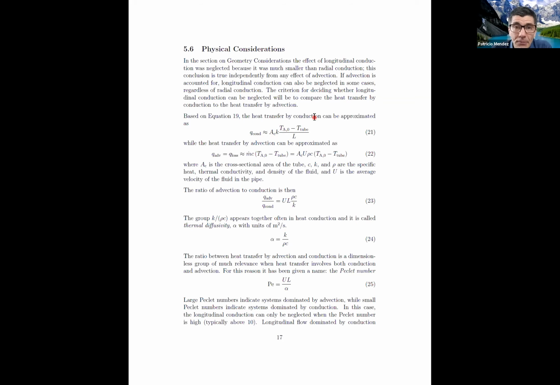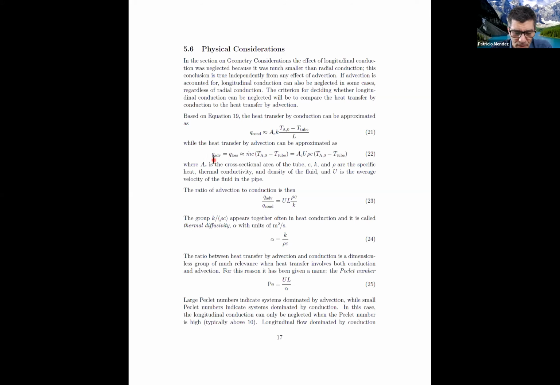Now, there is something else we have already seen that I want to bring to the conversation. The heat by advection is the heat that is lost through the surface of the tube. We're not saying right now how the heat is lost, but we say it is lost. Typically it's by convection, but it could be radiant, it could be so many things.